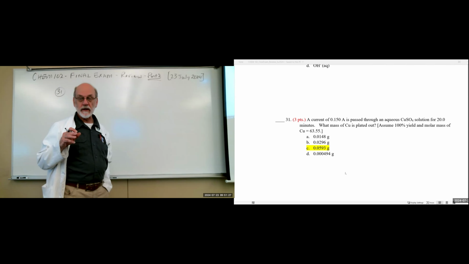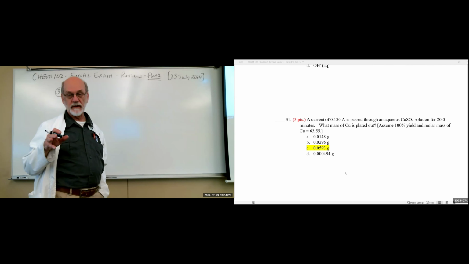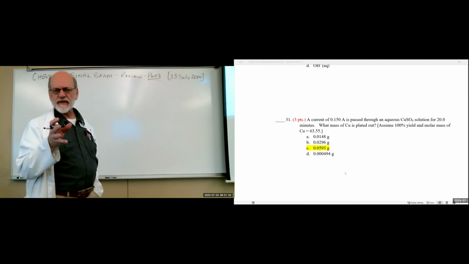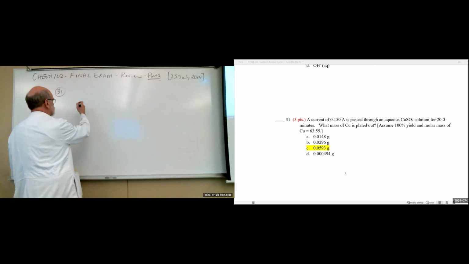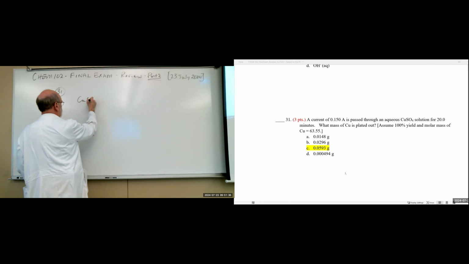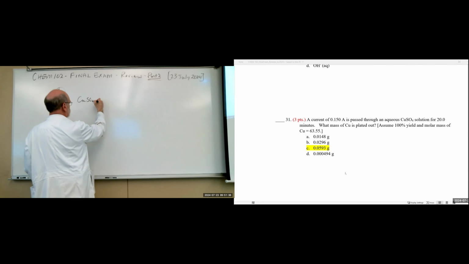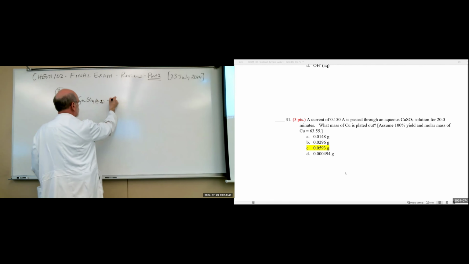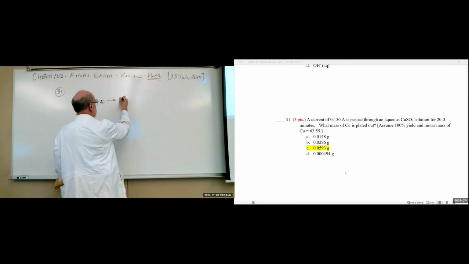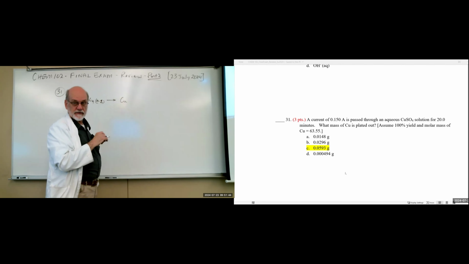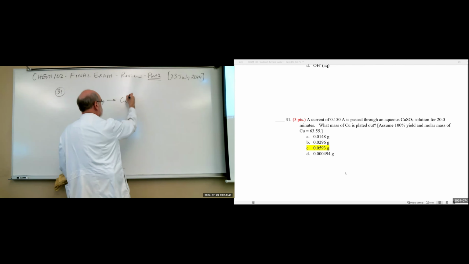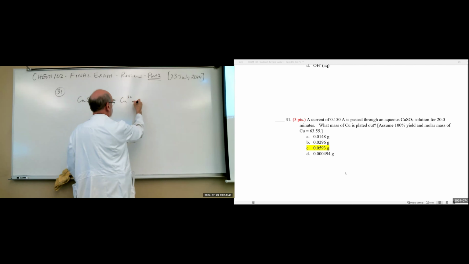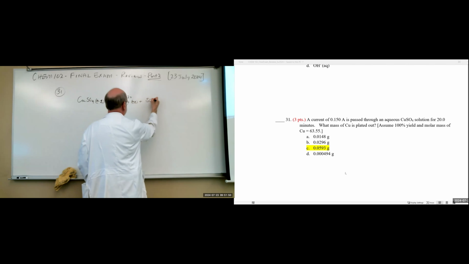If we're plating out copper, and copper sulfate is in aqueous solution, what is it going to produce? That's CuSO4. It's a 2+ ion and a sulfate ion.